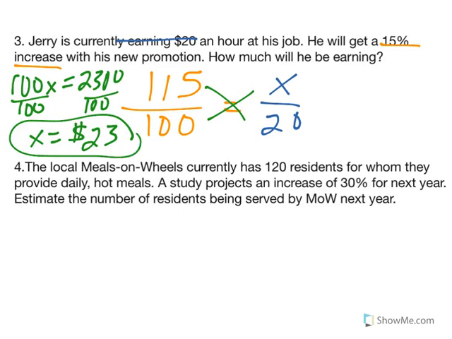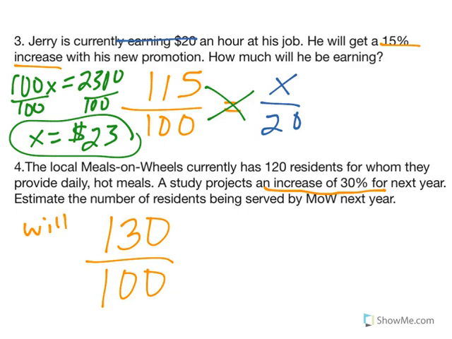And number 4, the local Meals on Wheels currently has 120 residents for whom they provide daily hot meals. They're going to have an increase of 30%. Increase means more. So this is what they will have, 130. 100 is what they now have.